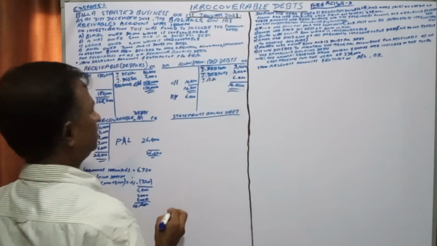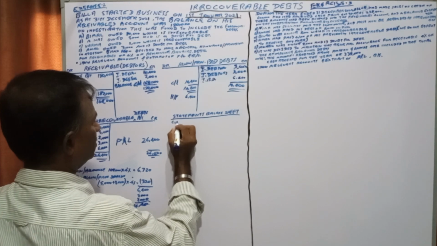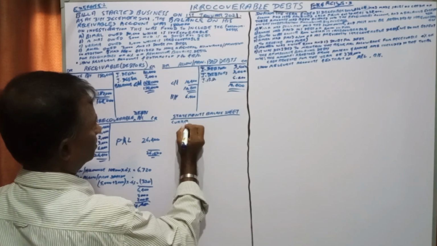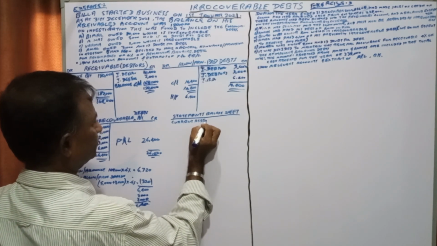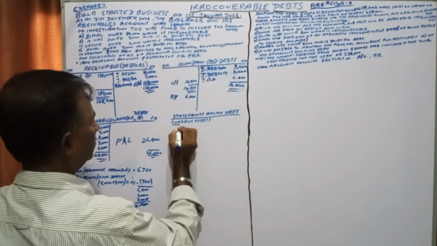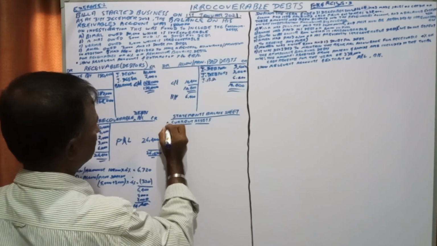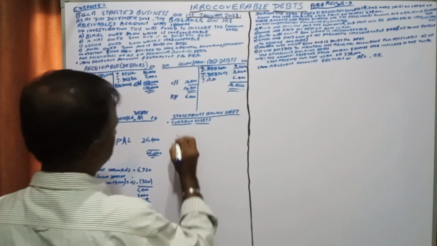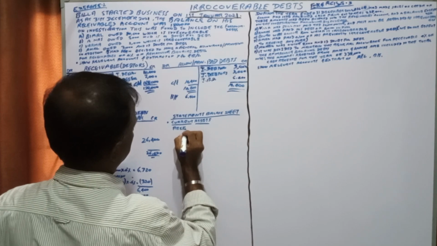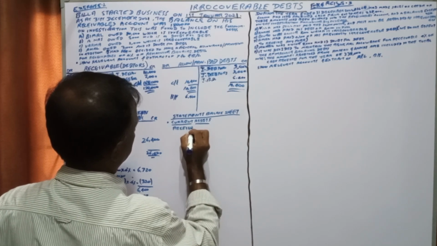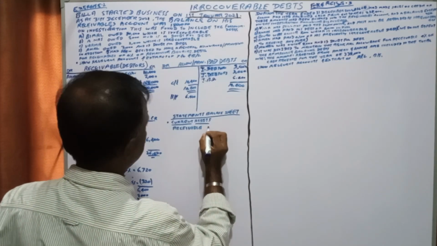Statement of balance sheet under the current assets, trade debtors, receivables. You will say receivables 168,000.